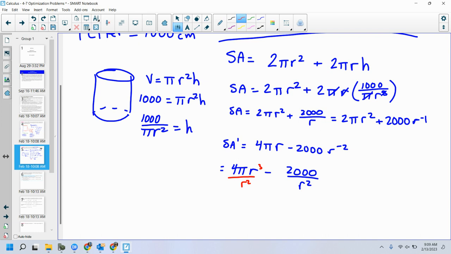I just multiply the left side by r squared over r squared. So that's going to get me 4 pi r cubed minus 2,000 divided by r squared. That's my derivative.